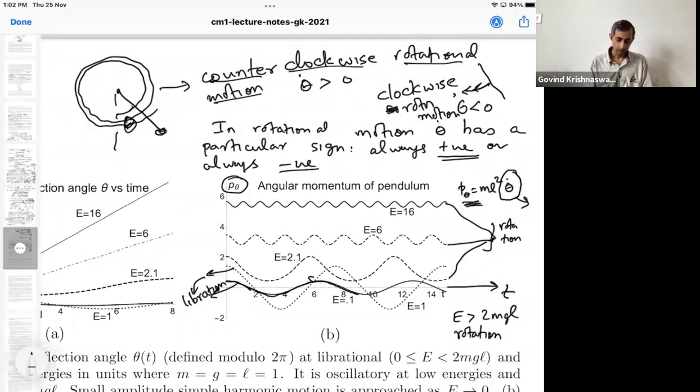So tell me, at energy 16 in this graph, this curve I have drawn here, what kind of motion are we describing? Are we describing libration or rotation?